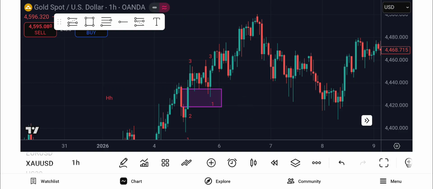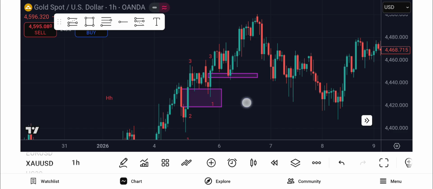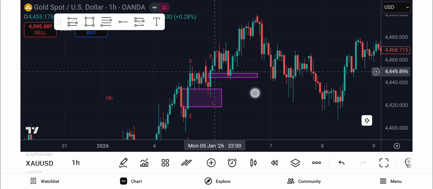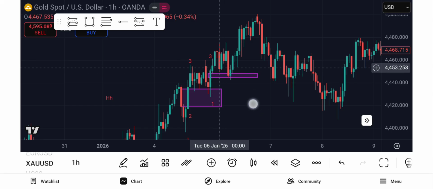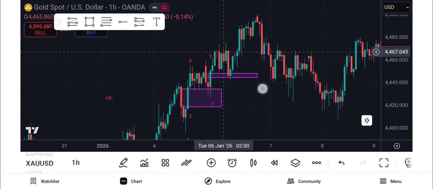So what you do is the same thing. You grab from the bottom of this wick right here to the third candle, the first wick to the third candle, and then you stretch it out. Notice how the first candle's wick and the third candle's wick don't touch. We're not worried about the second one. Now peep how as soon as price went up, it came right back.